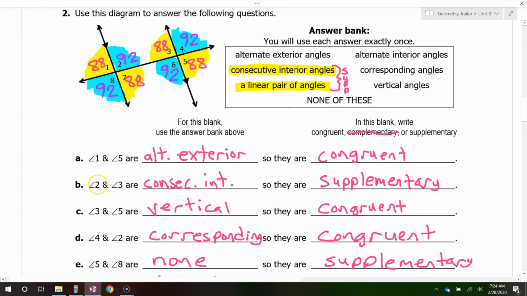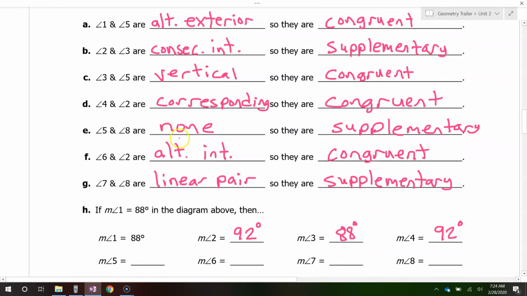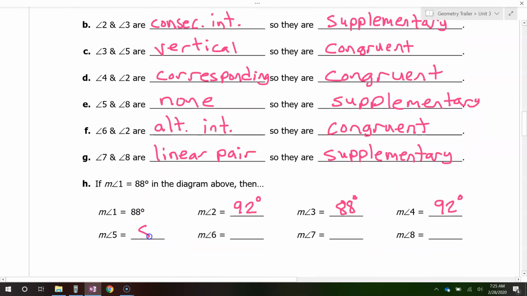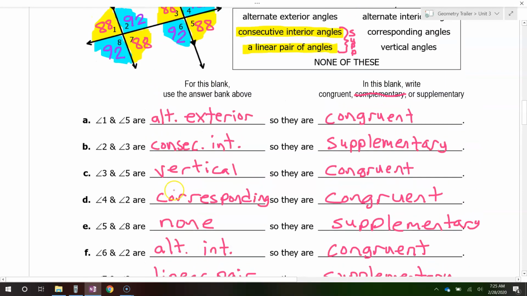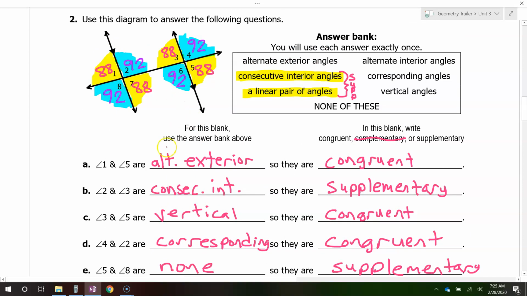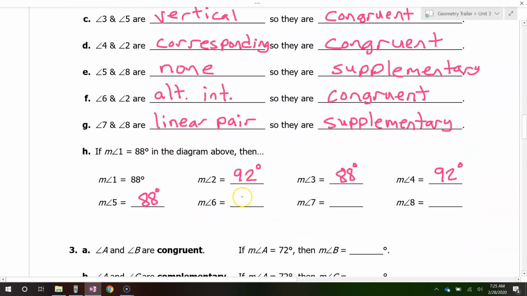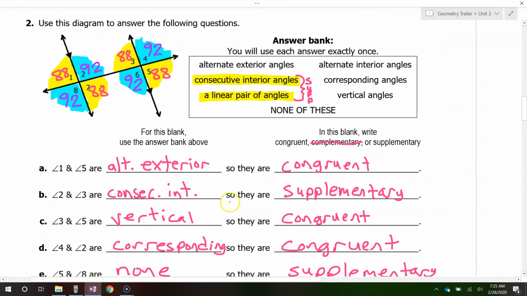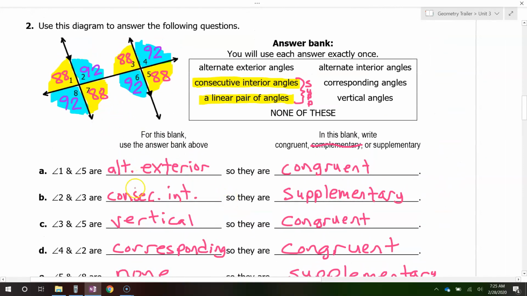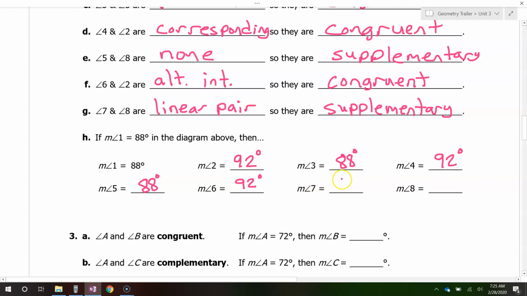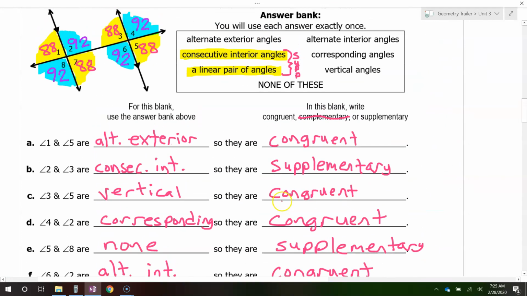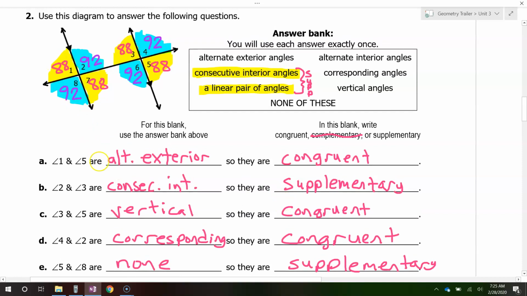Angle 5 is 88. Angle 6 is 92. Angle 7 is 88. And angle 8 is 92.